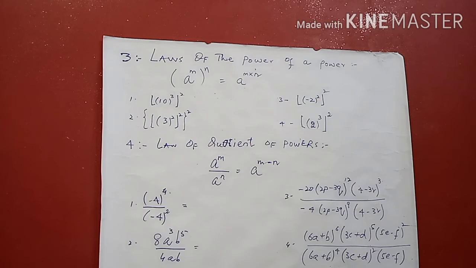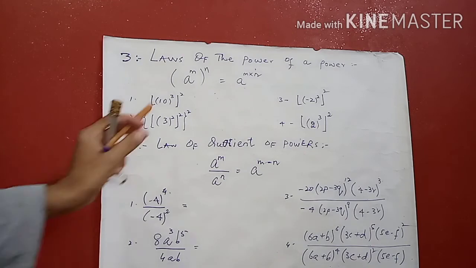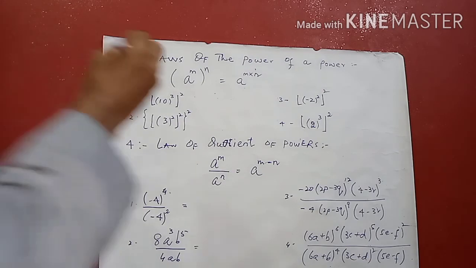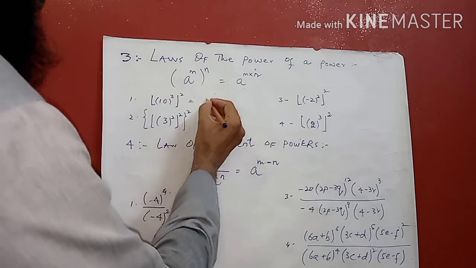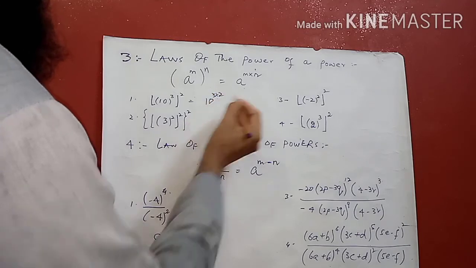It is very easy, but first we look at the question and identify the law by which it could be solved. Question number 1: 10 raised to power 3 raised to power 2. If we solve this, it means 10 raised to power 3 multiplied by 2.